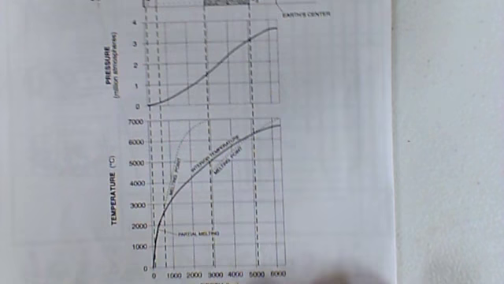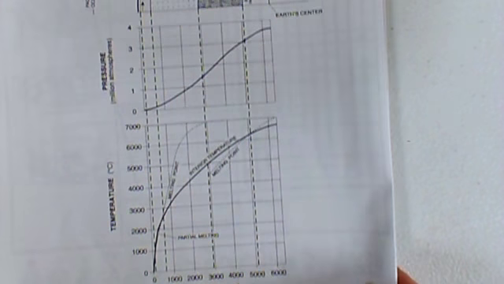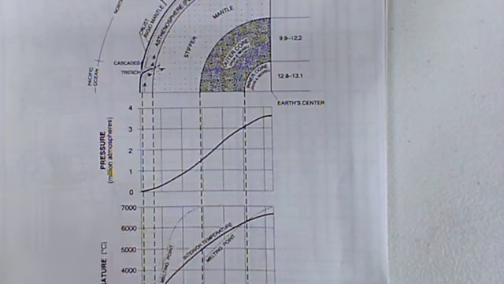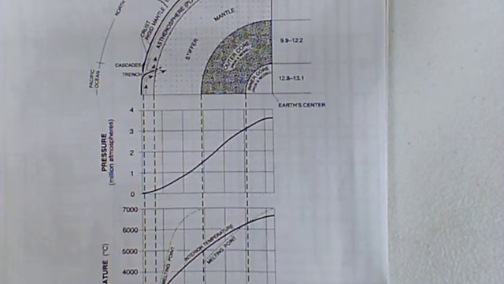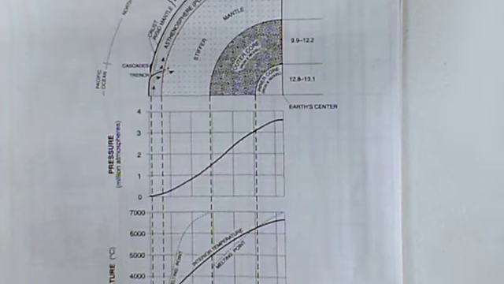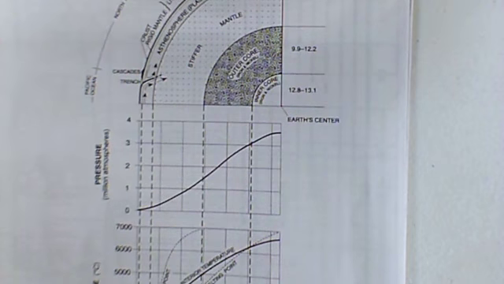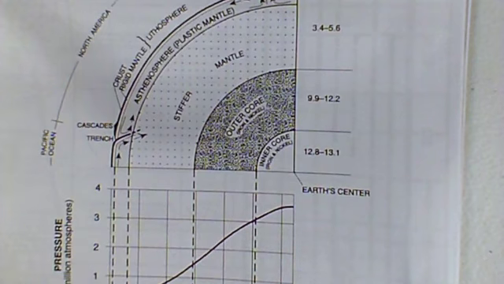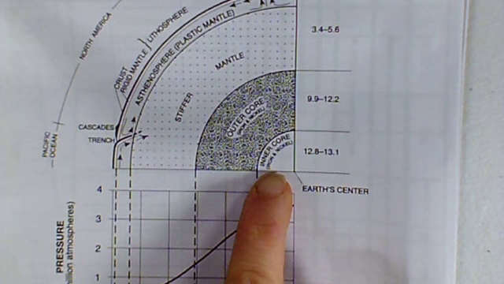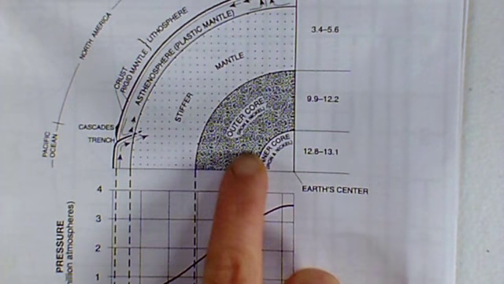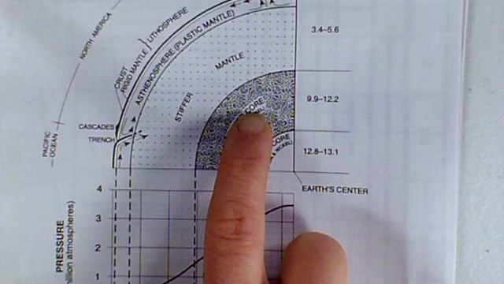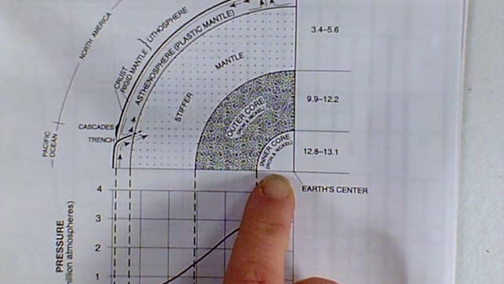It's over 6,000 kilometers deep to the Earth's center. And here also you will find, let's zoom in here, if you want to know the composition of the core, iron and nickel. Okay, iron and nickel, it's right there on your reference tables.